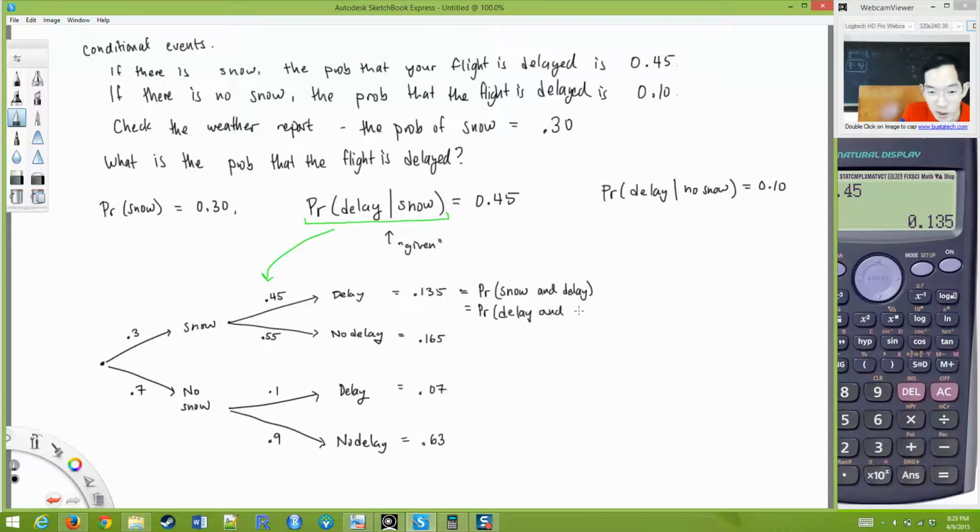So we can say delay and snow. So these two are saying the same thing, okay? Probability of snow and delay is 0.135, probability of delay and snow, same thing, also 0.135, okay? Notice there is a great distinction between delay vertical bar snow and delay and snow using the word and here.